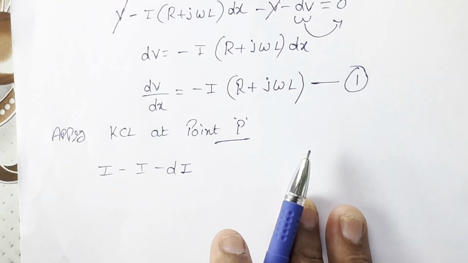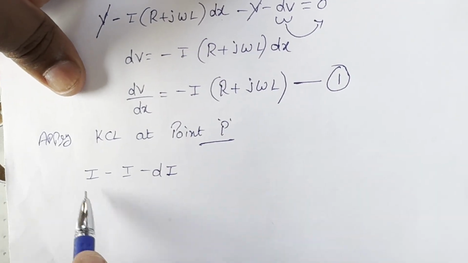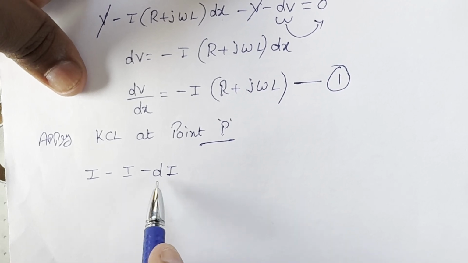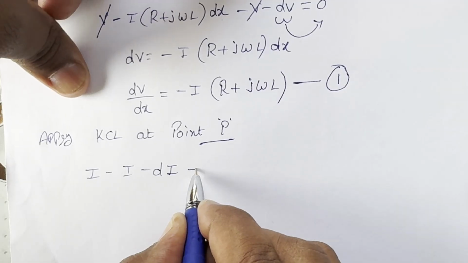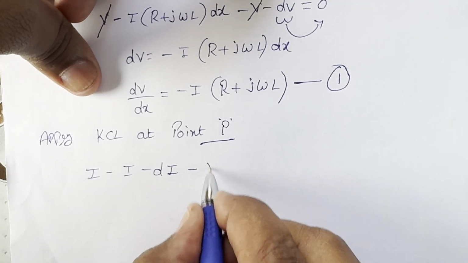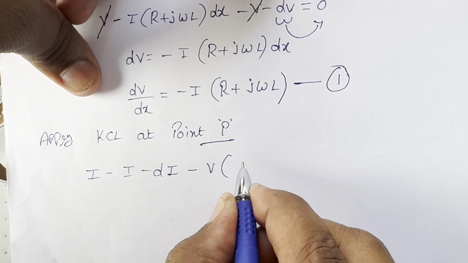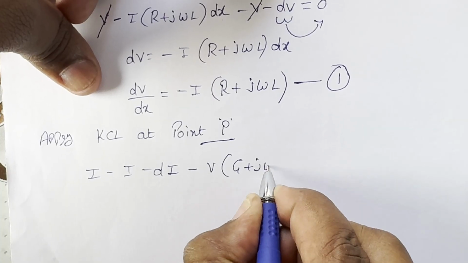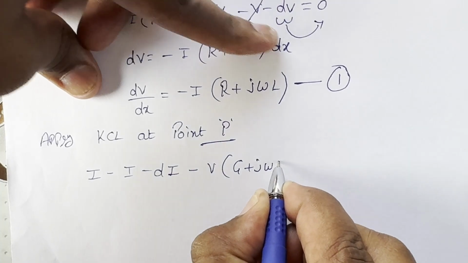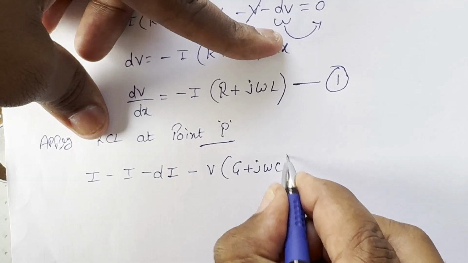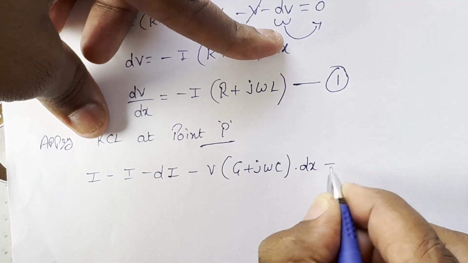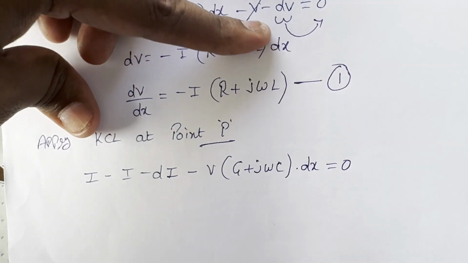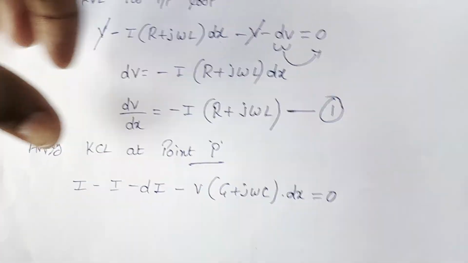So incoming current I, minus outgoing current I plus dI, minus V into G plus j omega C into dx, equals 0.